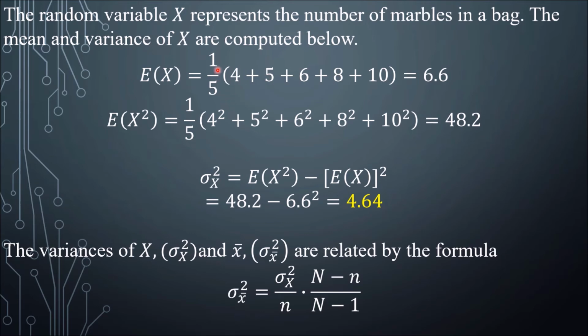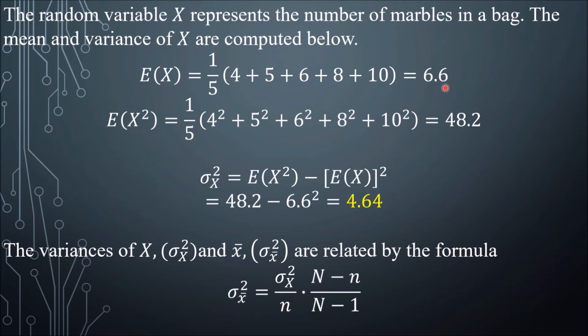So the probability is 1 over 5 because there are 5 bags: 4 marbles for the first bag, 5 marbles for the second, 6 marbles for the third, 8 for the fourth, and 10 for the fifth bag. So 1/5 is the probability for each bag. Now, getting the mean or expected value, as you can see, the answer is 6.6.